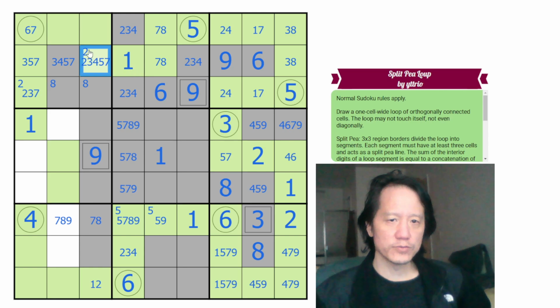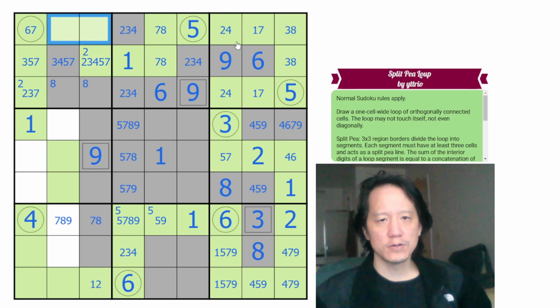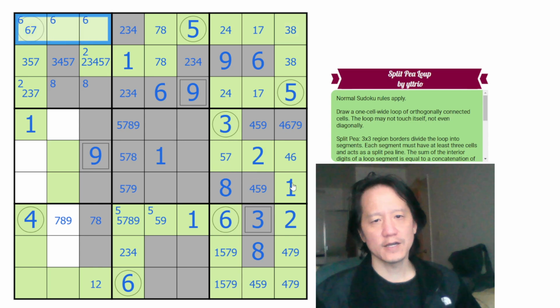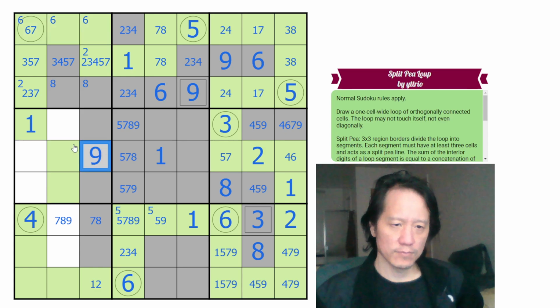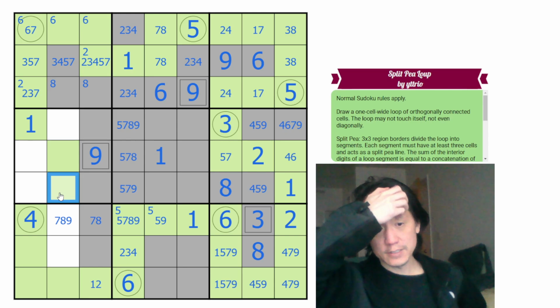Let's see, what else do we have? One of 2, 3, or 4 has to be here. That's not true. This could be 3. We know the 6 is in it. So the 6 has to be one of those 3. This is either... So it cannot be 18.